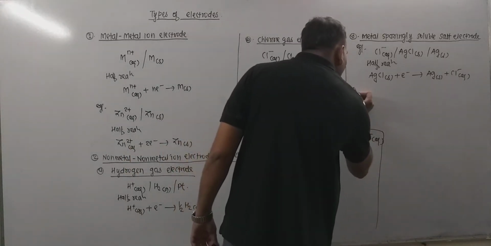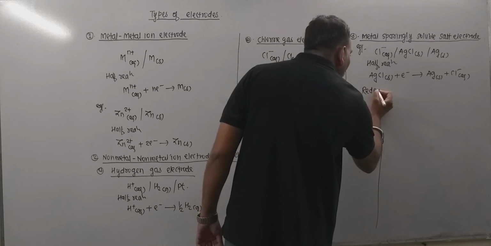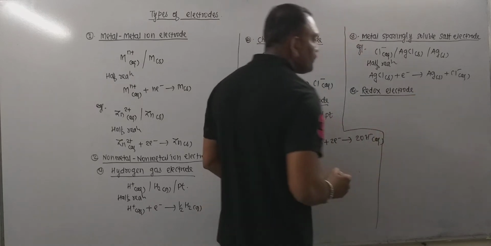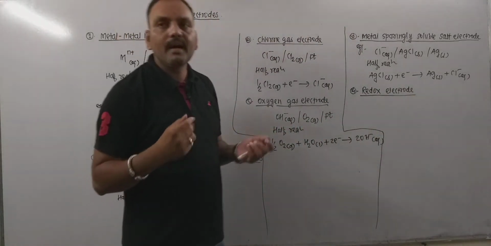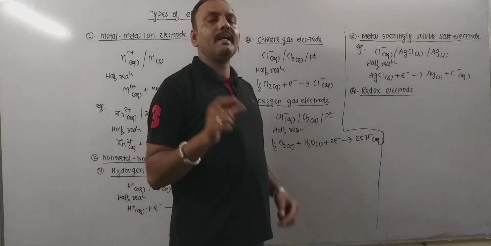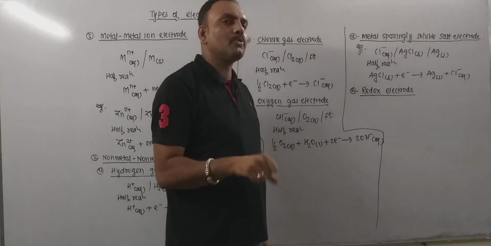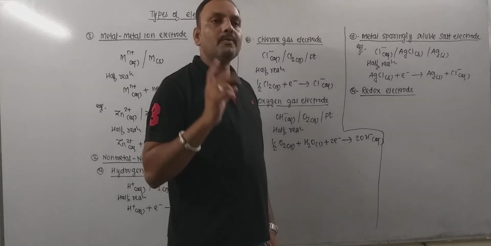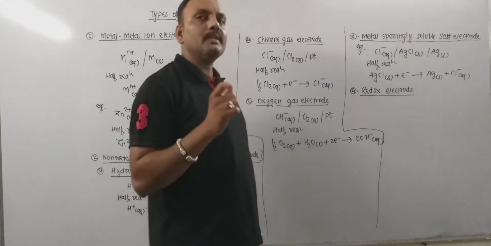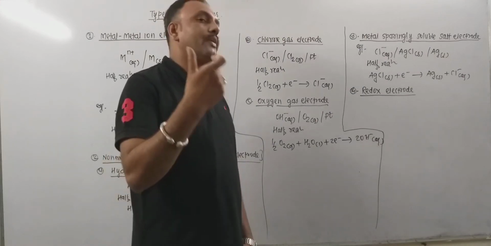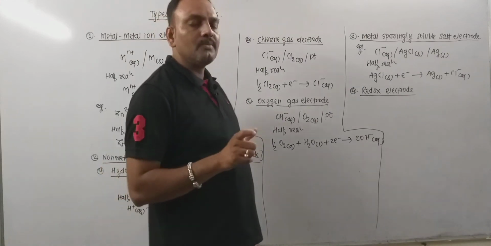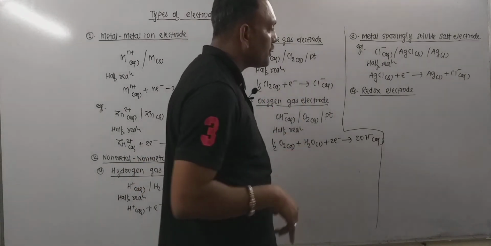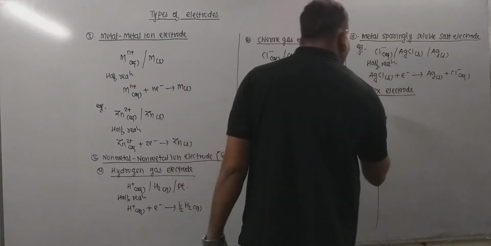Now, the fourth and very important type is the redox electrode. A redox electrode consists of an inert like platinum, and that inert is immersed in a solution which contains the same substance in two different valencies. I mean, two different ions in two different oxidation states of the same substance should be present in that solution, and then the electrode so obtained is called a redox reversible electrode.